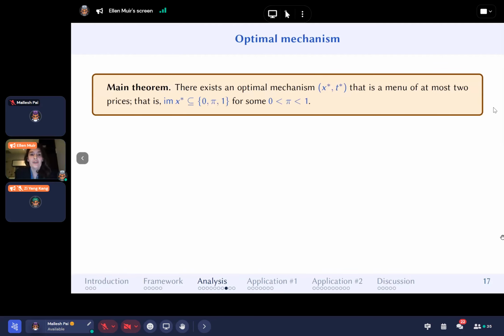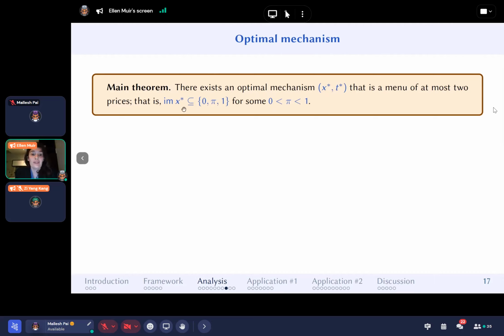Okay, and so now we're moving towards being able to characterize what the optimal mechanism actually looks like. Our main theorem is that there exists an optimal mechanism, which we denote by X star, T star, that is a menu of at most 2 prices.